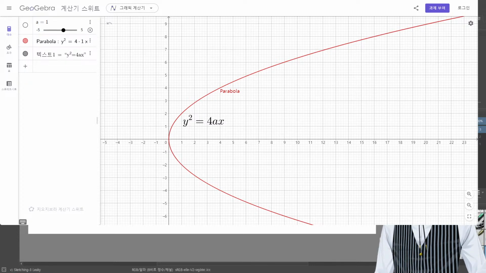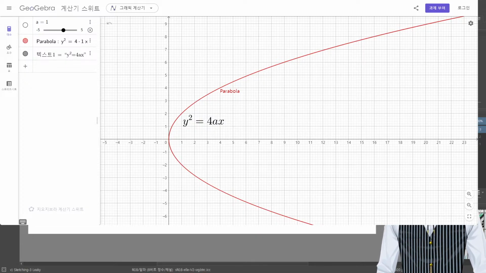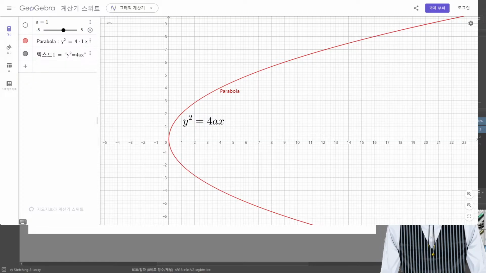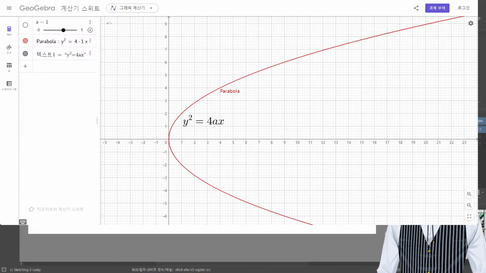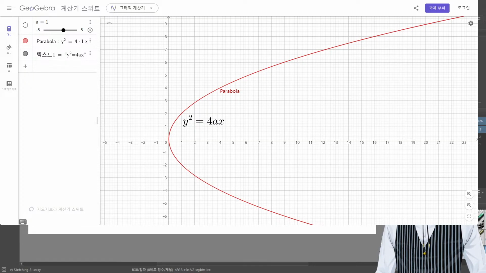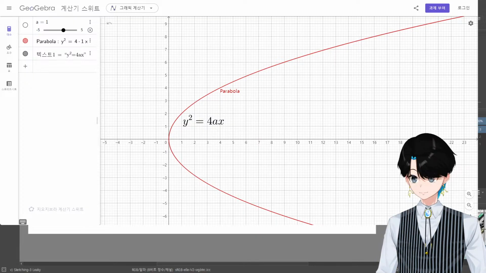I originally thought it might be a great idea to actually differentiate that function and maybe calculate the area. But I'm not quite confident about that. So, this is GeoGebra. Some of you might have heard of this before.